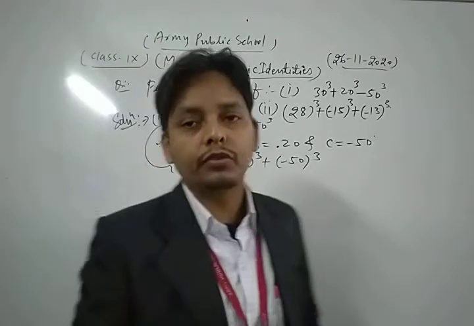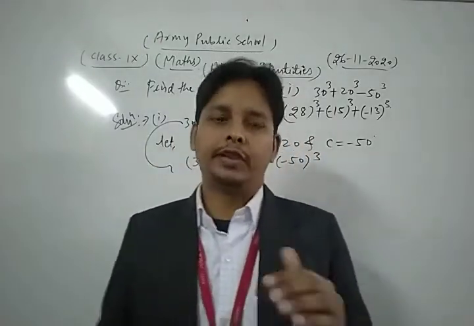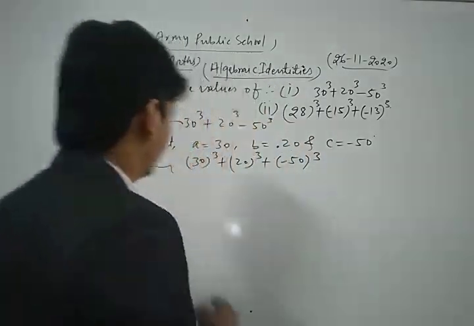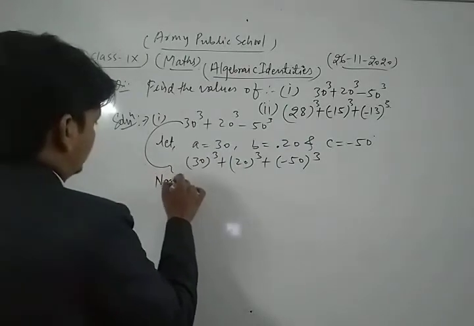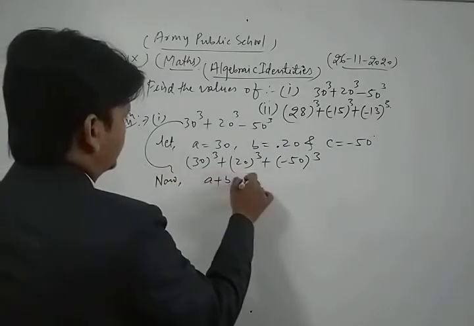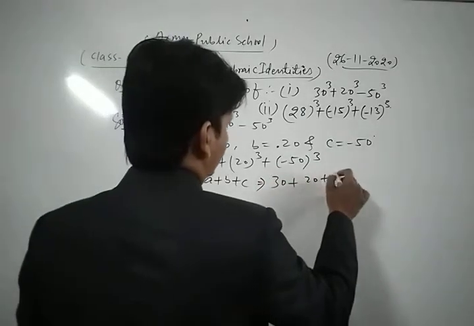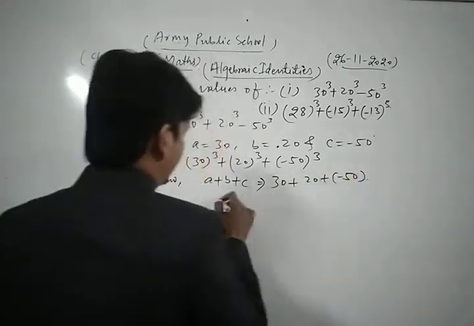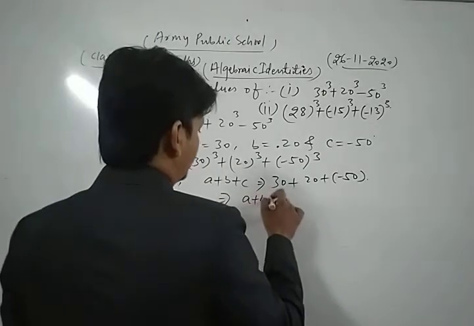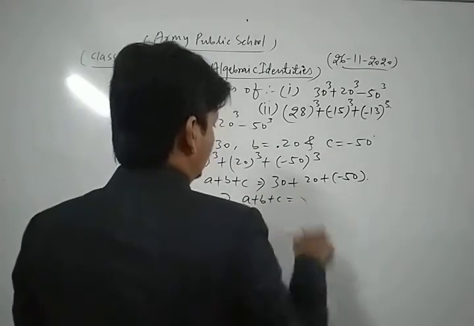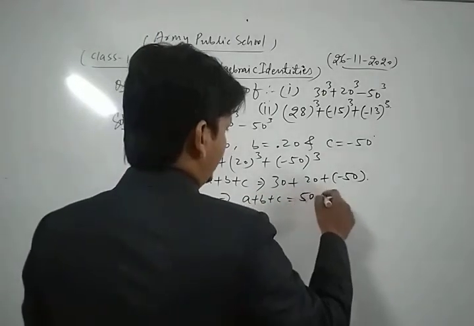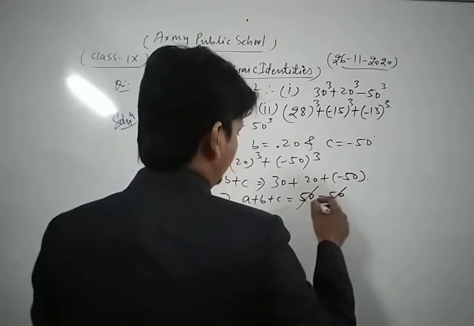Now first of all, we find the value of a plus b plus c. Now the value of a plus b plus c is what? The value of a is 30, b is 20, plus c is minus 50. Thus 30 plus 20 is 50, plus minus 50, so these are cancelled to each other.